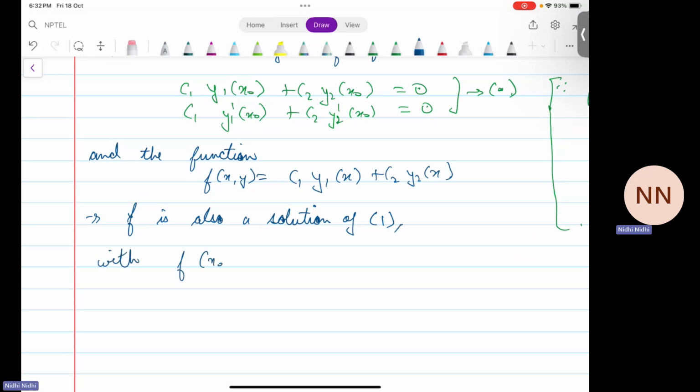This is a solution with f at x naught equal to c1 y1 x naught plus c2 y2 x naught, which is equal to 0, and f dash x naught is equal to c1 y1 dash x naught plus c2 y2 dash x naught, which is 0 by equation star.